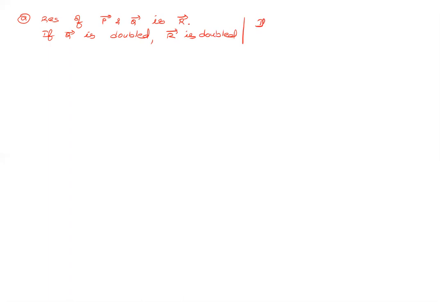Next, if q bar is reversed, r bar is again doubled. Find p is to q is to r. That is the question.